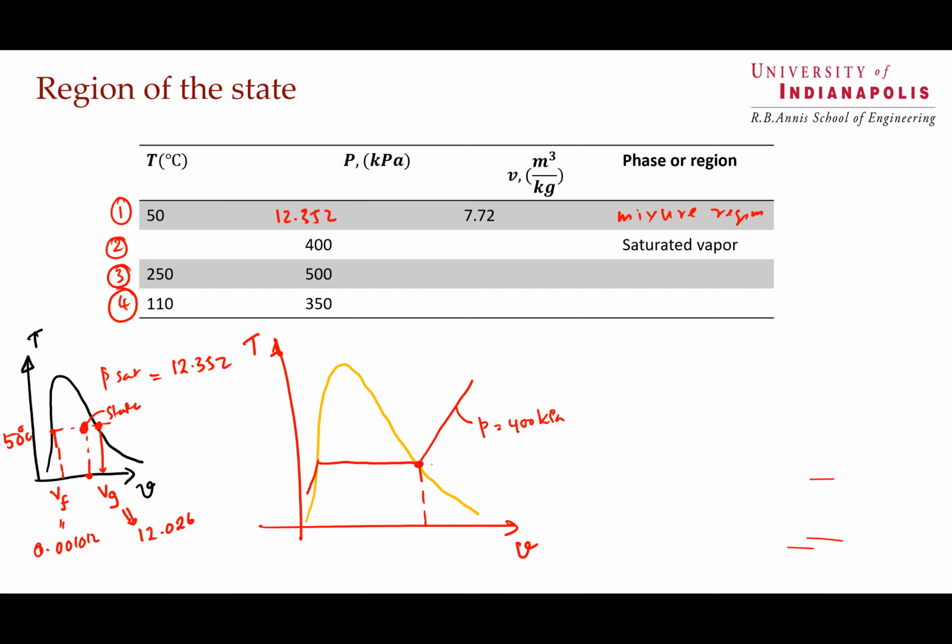So we can pinpoint that state, because we are given two different pieces of information: saturated vapor, which means the saturated vapor line, and then 400 kPa pressure. So now this is Vg, right? And the temperature is the saturated temperature at 400 kPa, because in the phase change process the temperature doesn't change.